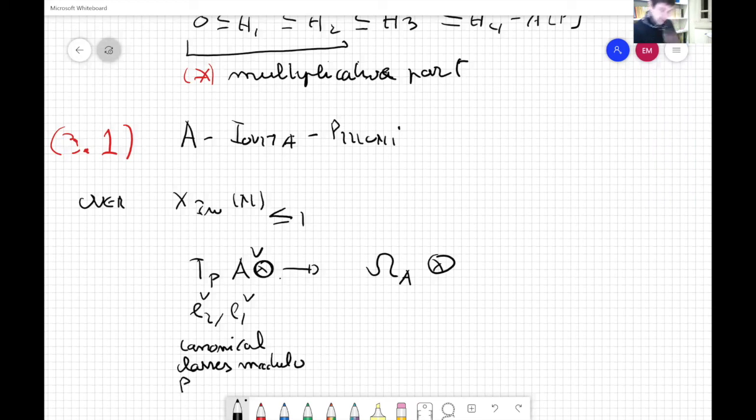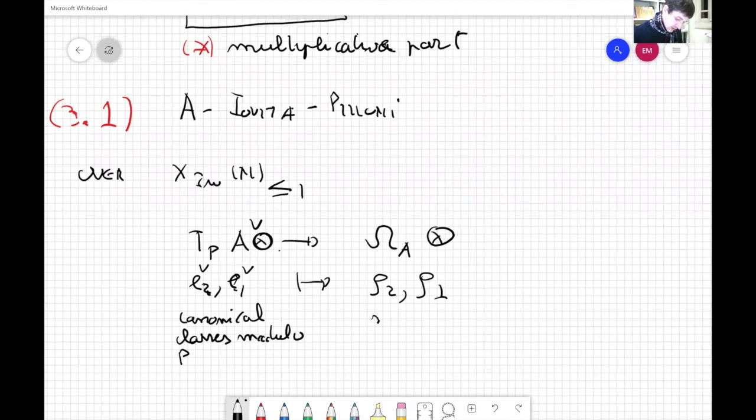Modulo p, maybe e dual is canonical, and then e_1 dual modulo the span of e dual, which are canonical, define actually two sections that span rho_2 and rho_1. So these are sections of this integral version of omega_A that span omega_A because the map is surjective.